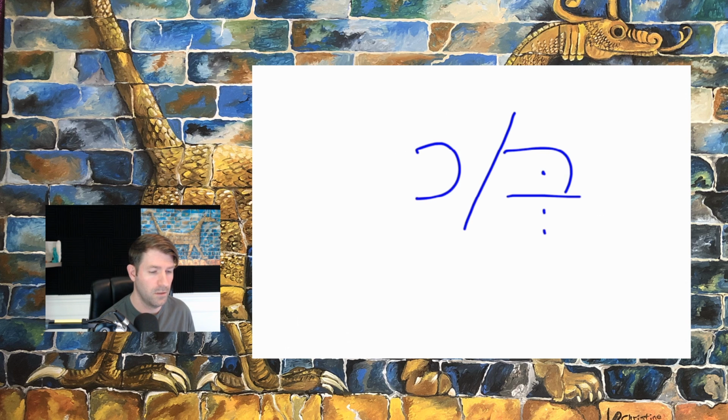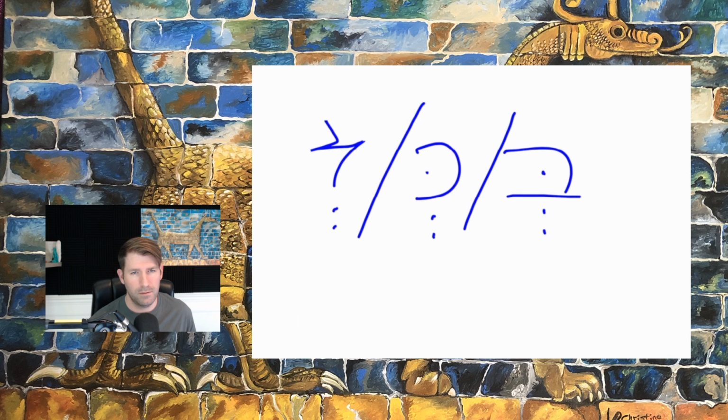Right. So definite article, prefixed prepositions. Your prefixed prepositions are things like b or k or l. So, in, with, or by, like, to, or for.